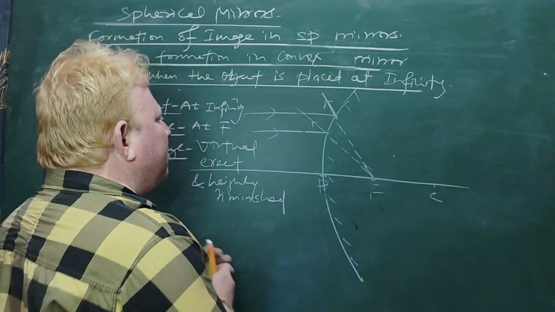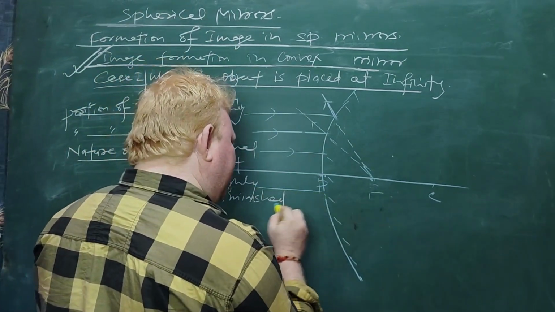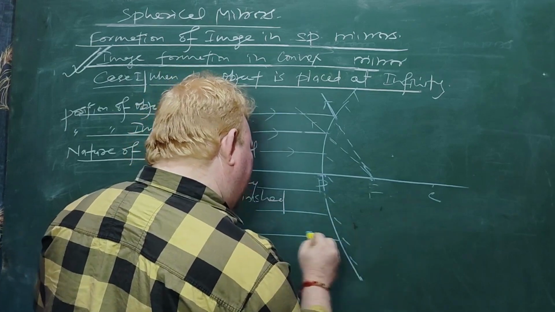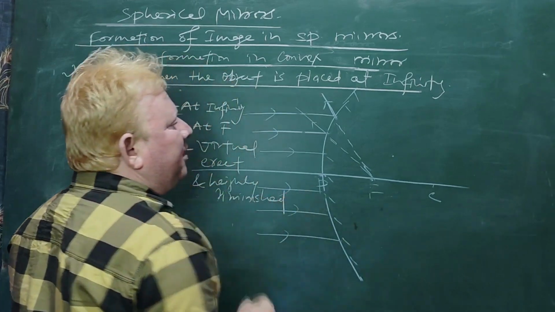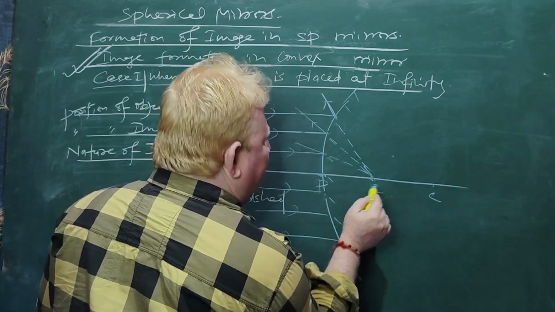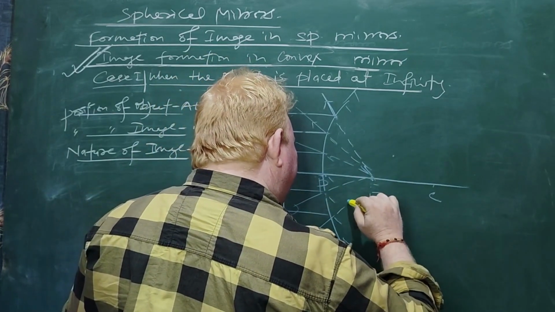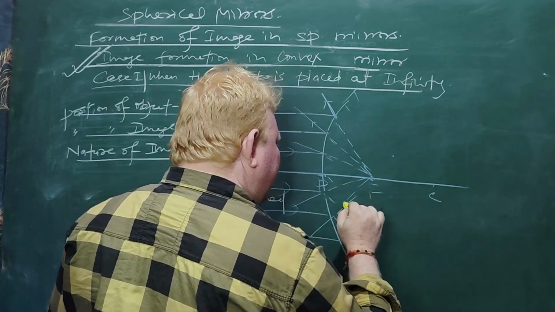Now if you consider more light rays, okay, more number of light rays, you see after reflection they all are meeting exactly at this point only, okay na?